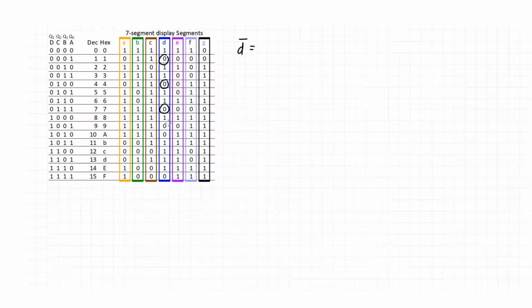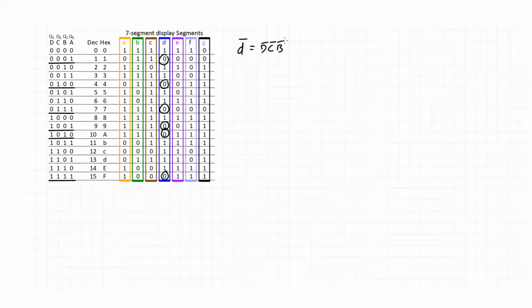Now to find the expression for not D, because there's only 6 out of the 16 cases where it's low, we'll use negative logic. You can flip between positive and negative depending on how many terms that you have to deal with.